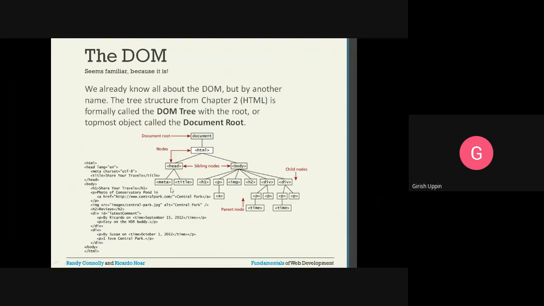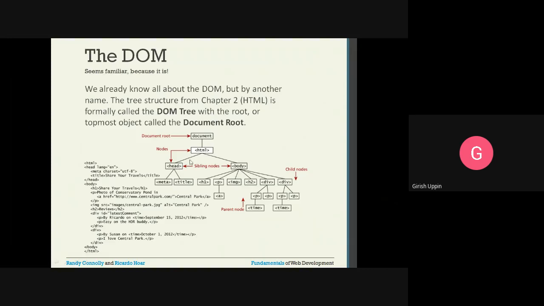The topmost object of this DOM structure would be the document. Inside the document we will have the HTML structure. All these things are called nodes. If a particular node is below a certain node, then it is called a child node.